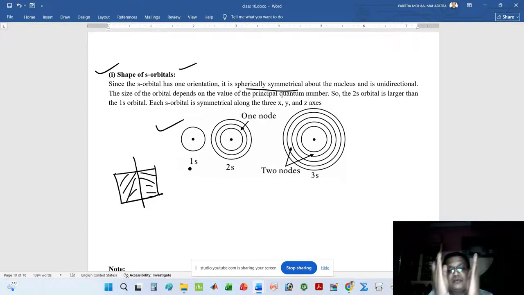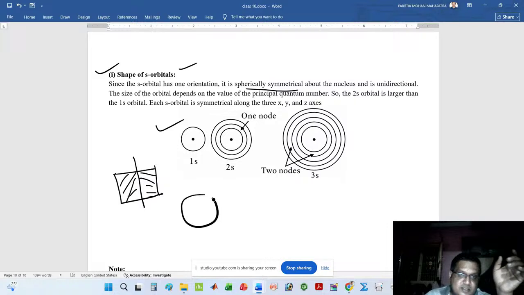Symmetrically means when you cut anything into two parts, the two parts are equal. Suppose think about the 1s. This is your 1s, this is the nucleus. If I cut here, then this part is equal to this part.